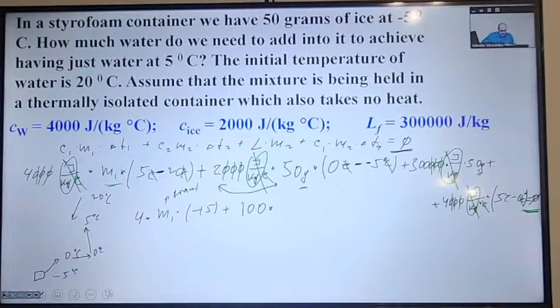And minus makes it a plus 5 plus 300 times 50, 3 times 5, 15, 2 zeros, 1 zero. And finally plus, this is 4 times 5, 20. And the whole thing is equal to 0.